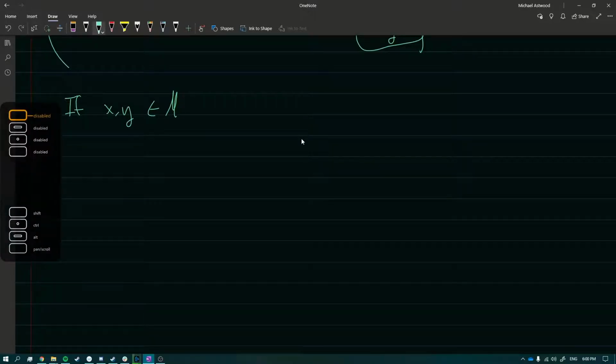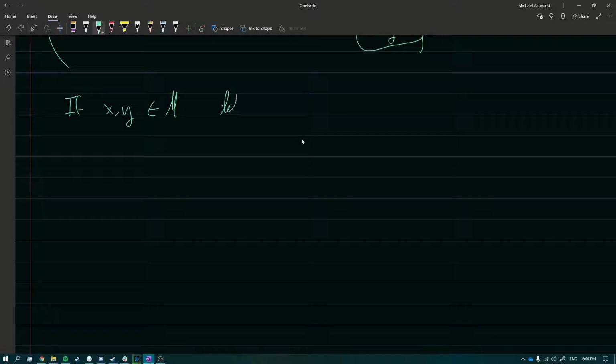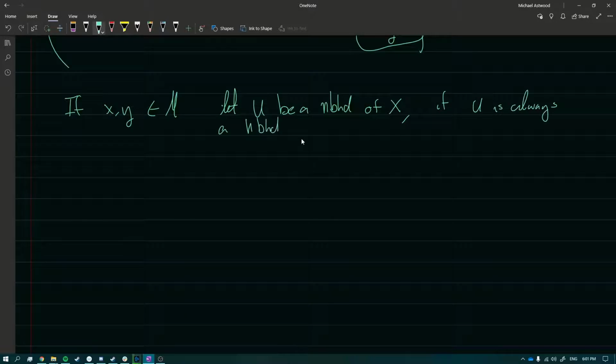So let U be a neighborhood of x, if U is always a neighborhood of y, then x and y are said to be topologically indistinguishable.